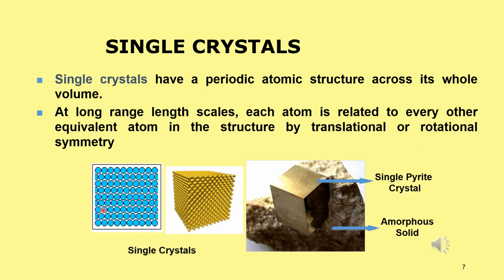We can see the single crystal has a very regular arrangement up to very large distances or even in the whole crystal. Here we can see a piece of a crystalline material, which is very regular, whereas in the case of amorphous solid, this structure is quite random.